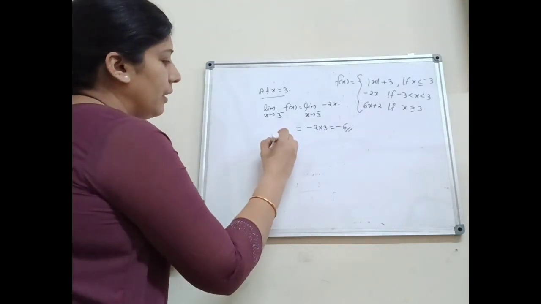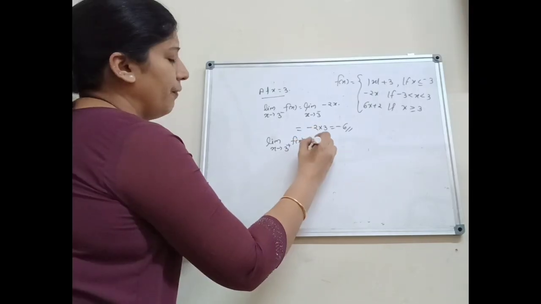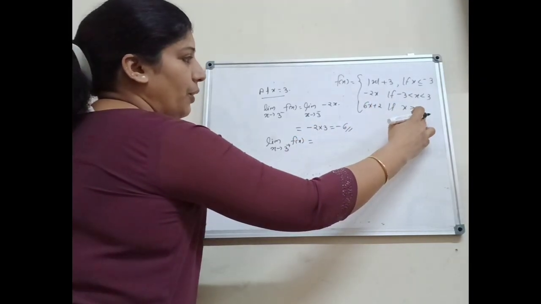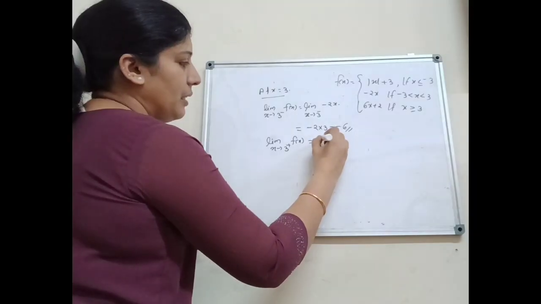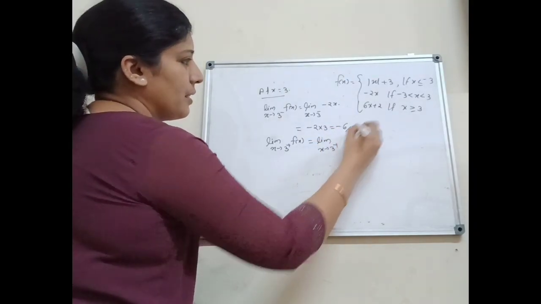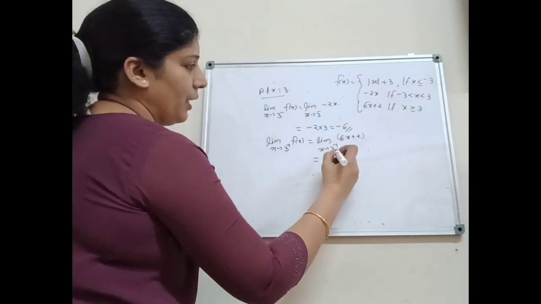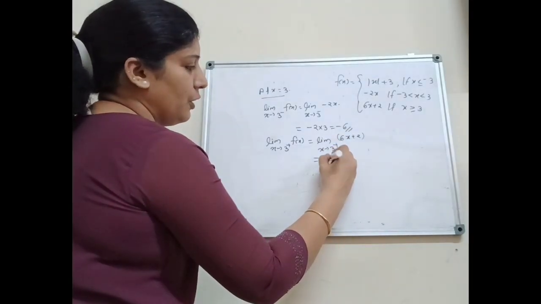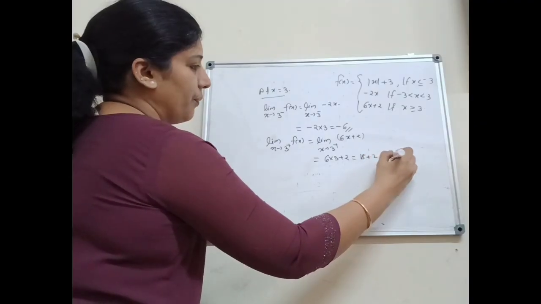Next, we consider the right hand limit, the limit as x tends to 3 plus of f of x. For x greater than or equal to 3, the function is 6x plus 2. So the limit as x tends to 3 of 6x plus 2 is 6 into 3 plus 2, that is 18 plus 2 equal to 20.